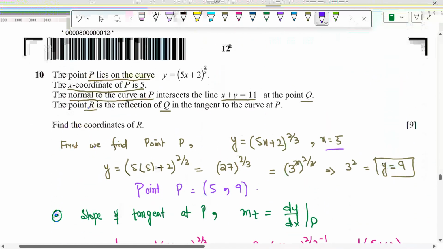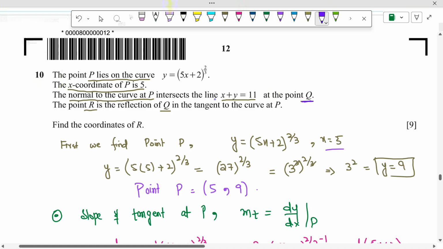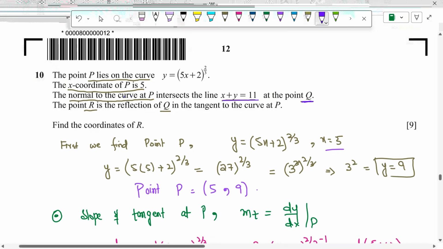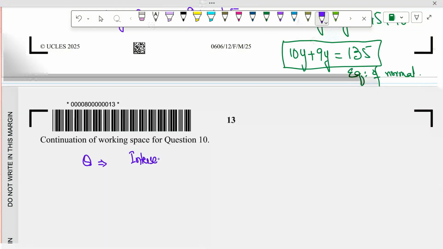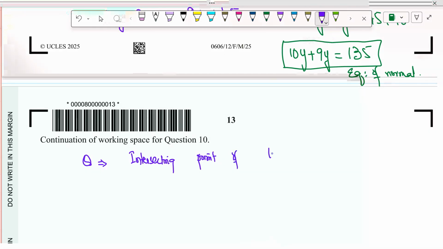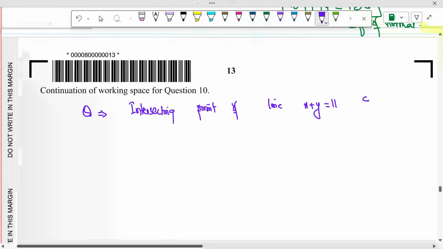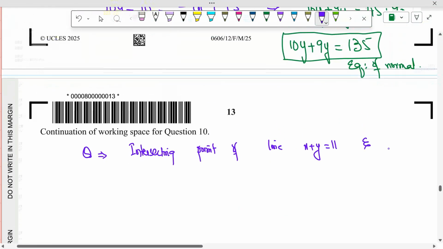It is given that Q is the intersecting point of the line x plus y equals 11 and the equation of the normal, which is 9x plus 10y equals 135.